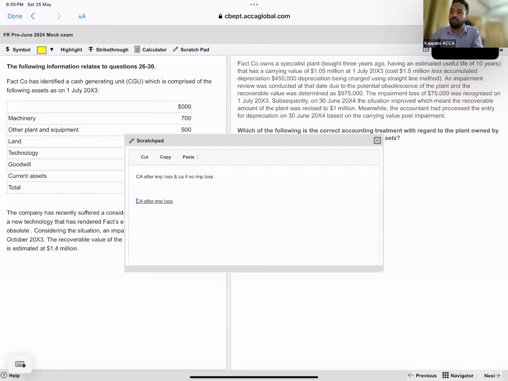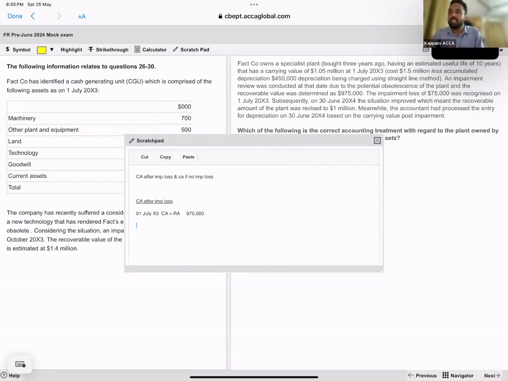So on 1st July X3, once an asset is impaired, that asset will be recognized at its recoverable value. So the recoverable value is given 975,000. So the carrying amount after impairment loss will be its recoverable amount, that is 975,000.